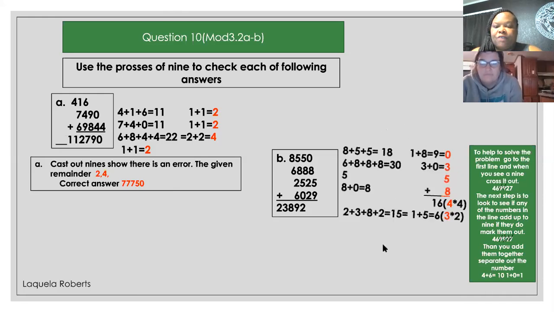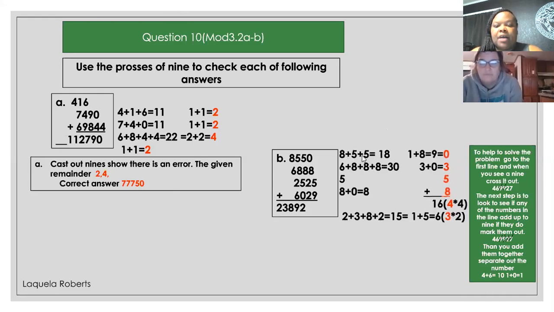So we're going to see for ourselves. 8 plus 5 equals 18, with the remainder of 9 equals 0. 6 plus 8 plus 8 plus 8 equals 30, the remainder of 3. 2 plus 5 plus 2 plus 5 plus 2 plus 5 is 14.